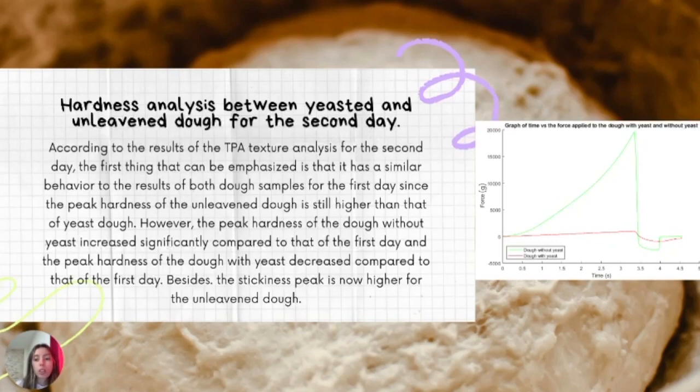However, the peak hardness of the dough without the yeast increased significantly compared to the first day value, and the peak hardness of the dough with the yeast decreased compared to the first day. Besides, the thickness peak is now higher for the dough without the yeast.